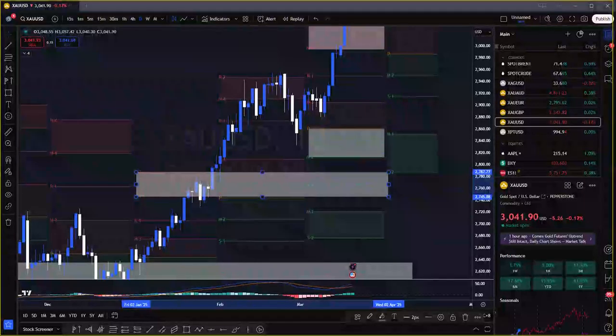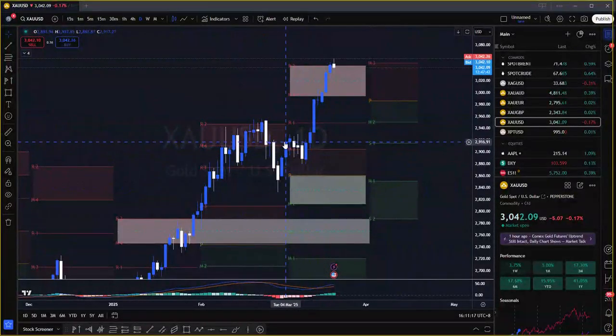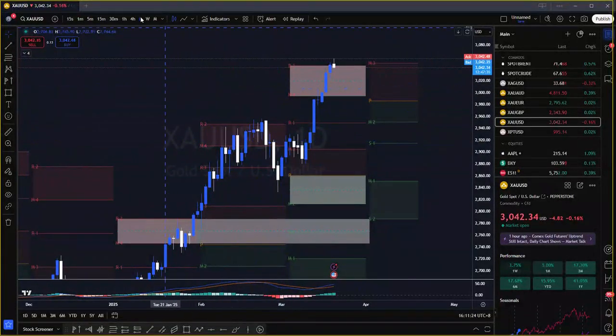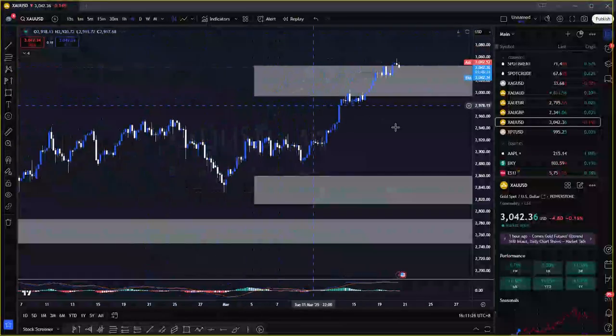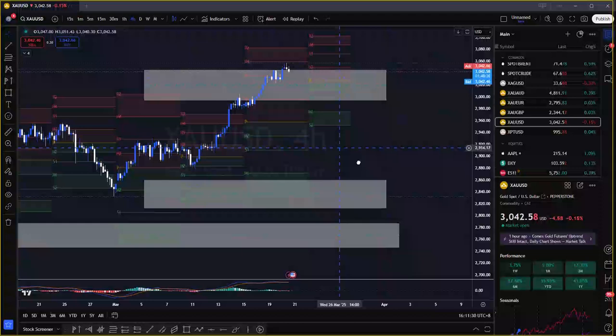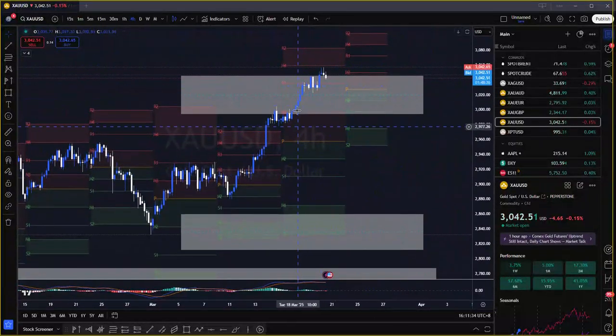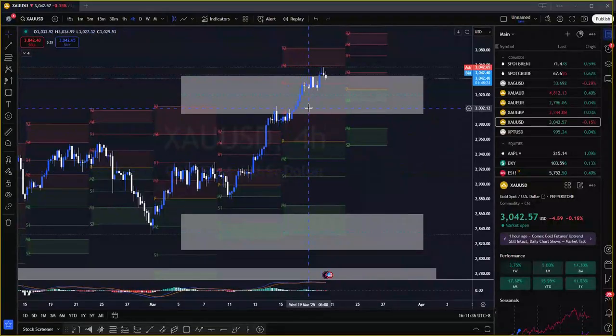Okay, so the good thing about pivot points is that they are fractal in nature. So this is the analysis for the monthly, and we can actually do the same analysis for the weekly as well as the daily. If you go down to the 4 hours, all of these zones here are on the monthly time frame, but you can see that there are new zones created for the weekly.